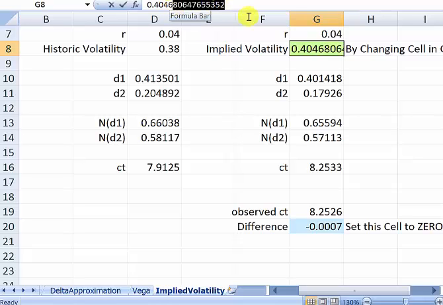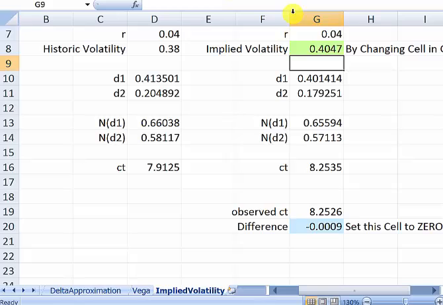Anyway, we change it to 9 here. That makes a big difference. 6, 8. How about 7, 5?